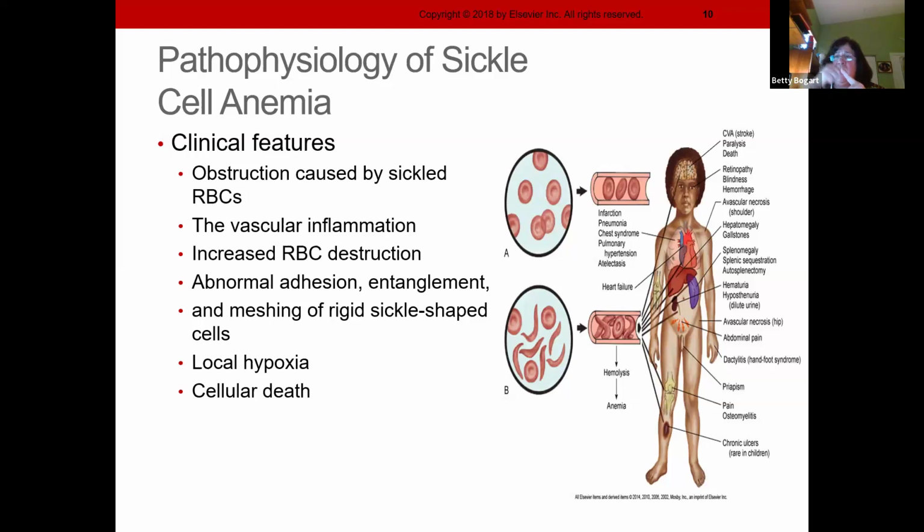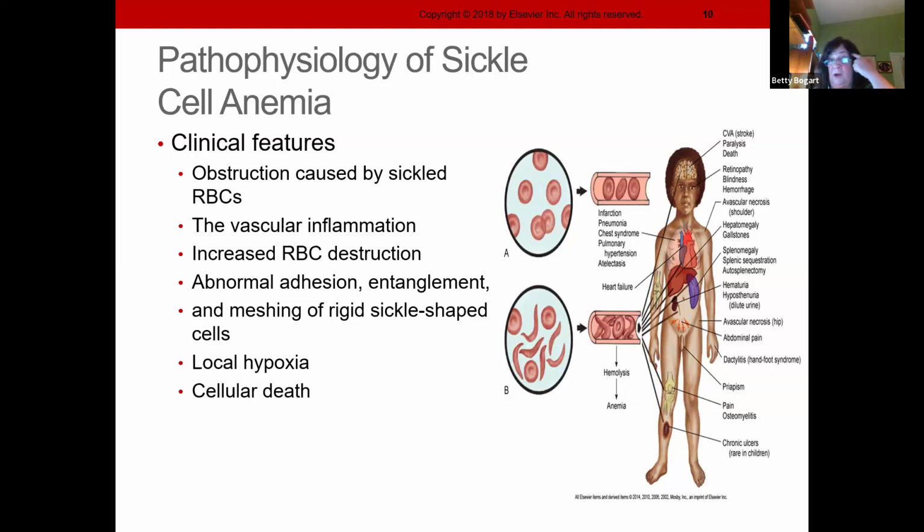And then blood can't get lower, right? And what happens? The blood builds up on top of it. It causes a lot of swelling, a lot of pain, because now all that swelling is hitting all the nerves in the area, and if we don't take care of it, you're going to have local death of the tissue below that sickle area.